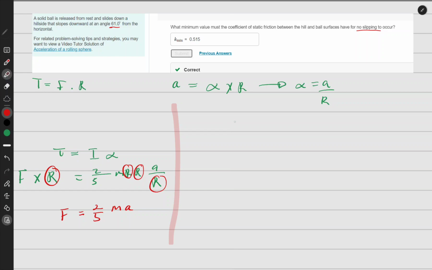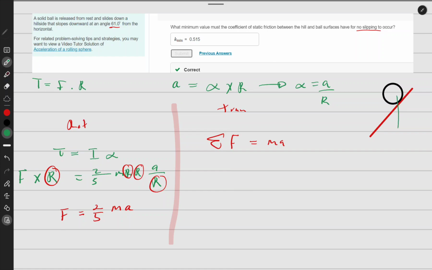We were looking at rotational motion here, but we can also look at translational motion. So we can say the sum of forces is equal to ma. What are the forces? Let's go back. I didn't draw the free body. This is the slope and this is the ball.